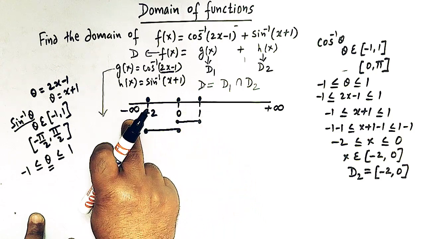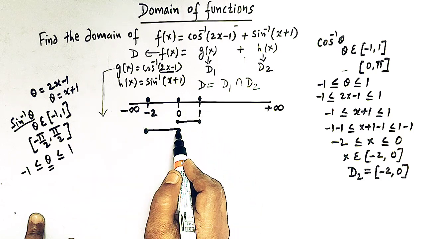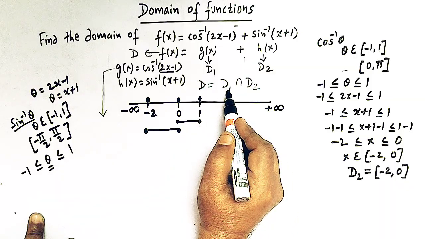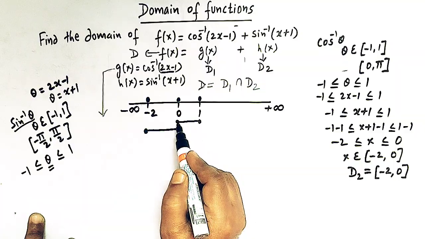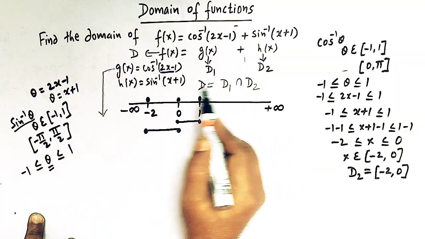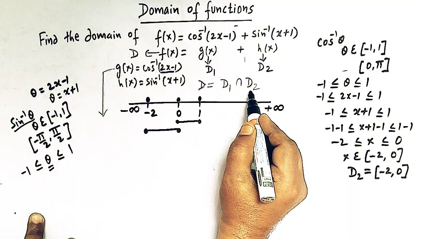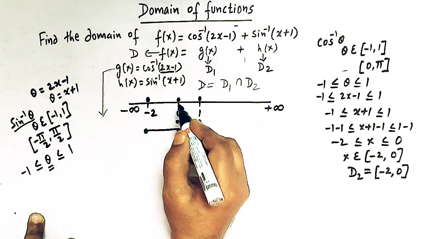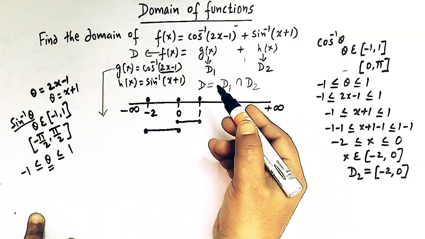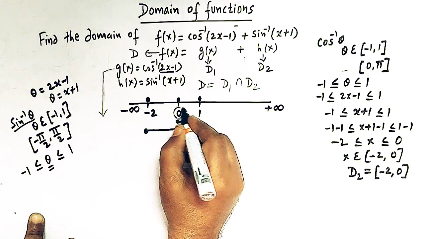And from this diagram, we can see that this portion minus 2 to 0 is not included in the domain of d1. And this portion 0 to 1 is not included in the domain of this function h of x, that is d2, right? And the only common point that belongs to both the domains is 0, right?